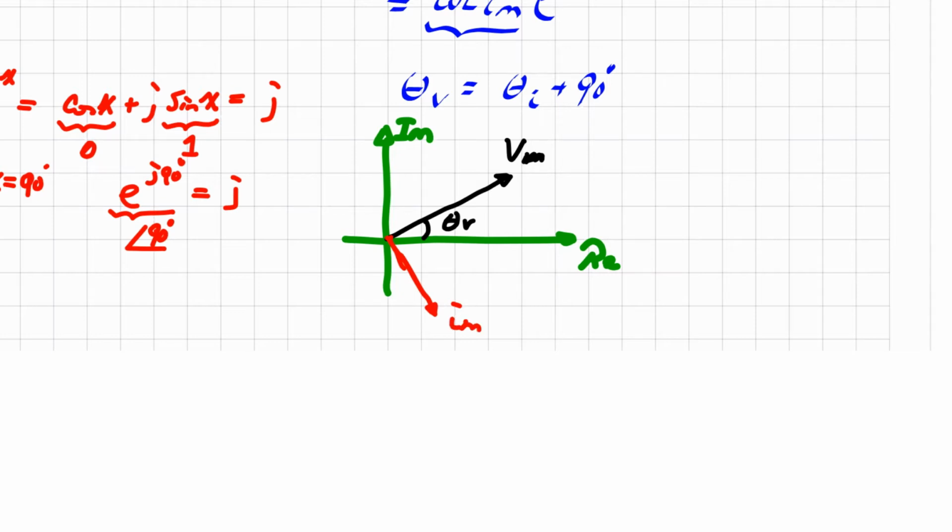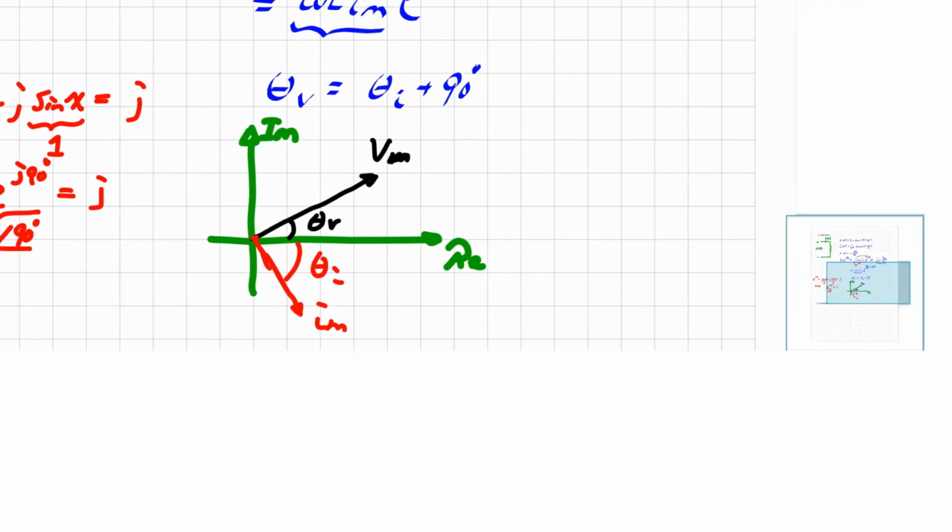And this angle here is theta I. And theta I is equal to theta V minus 90. Or theta V minus theta I is equal to 90 degrees. So they are always perpendicular. They're off by 90 degrees. And the voltage is in lead.